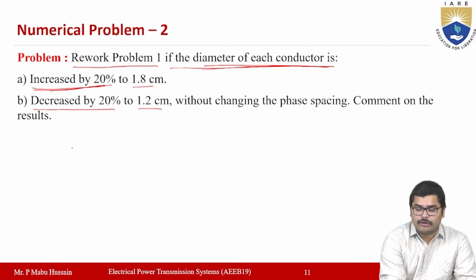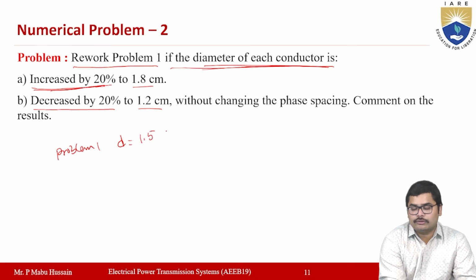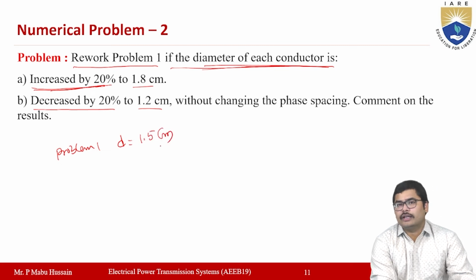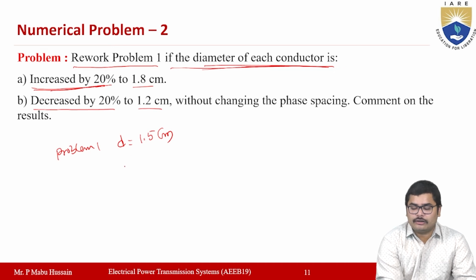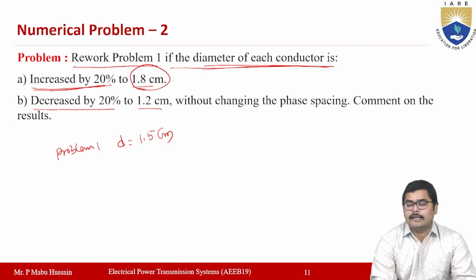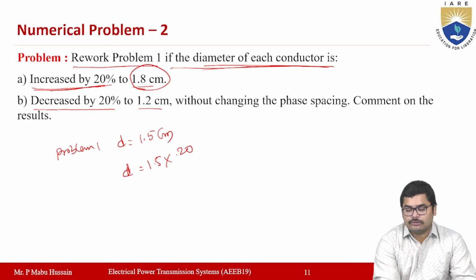In problem 1, the diameter D is given as 1.5 centimeter. If you increase the diameter by 20%, then the diameter will become 1.8 centimeter. Increasing 20% means you multiply 1.5 by 1.2, and you will get 1.8 centimeter.